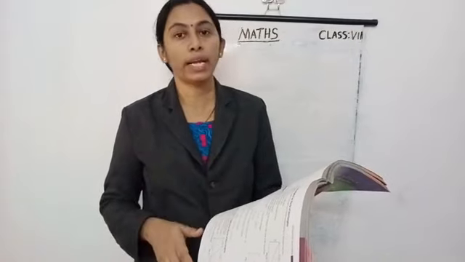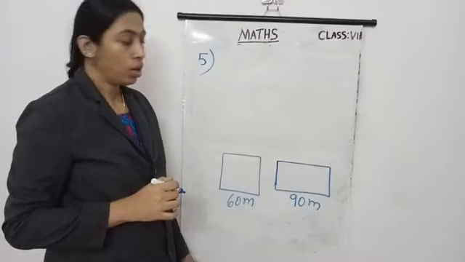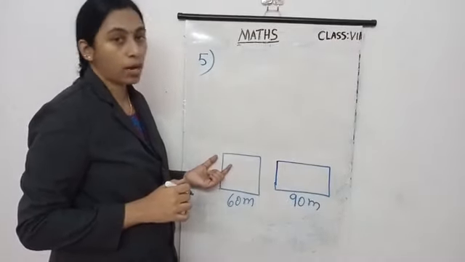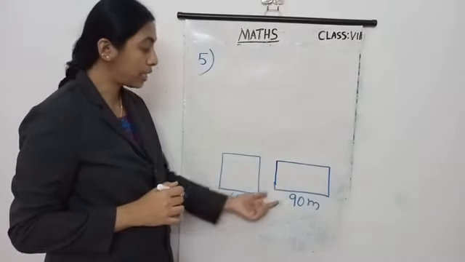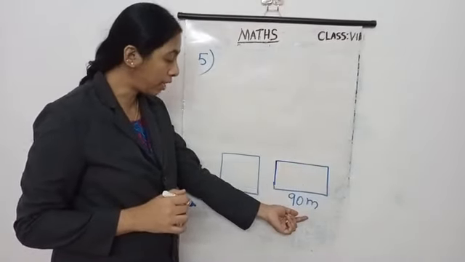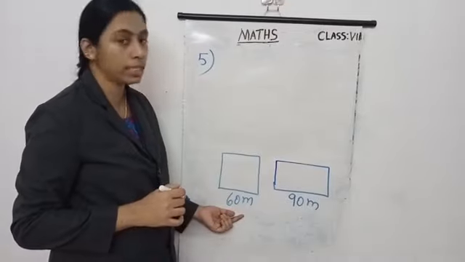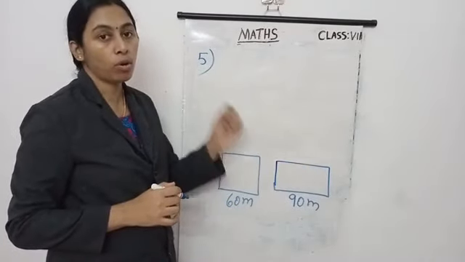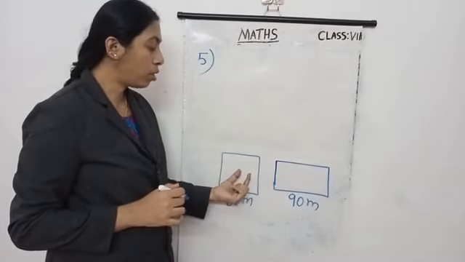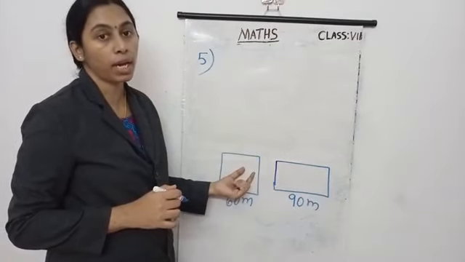We need to find its breadth. So given: rectangular park length 90 meter and square park side 60 meter, and one clue is given that both have the same area.